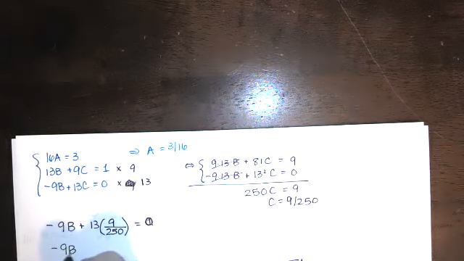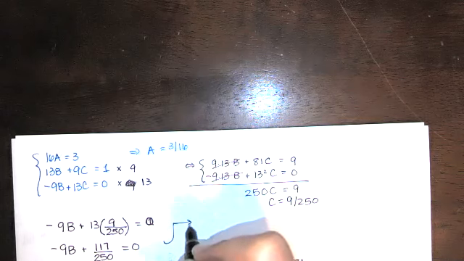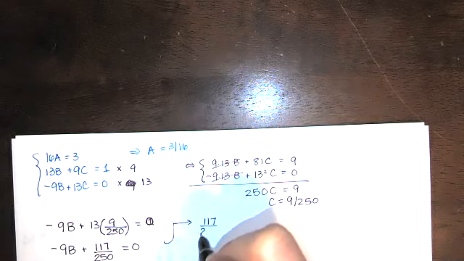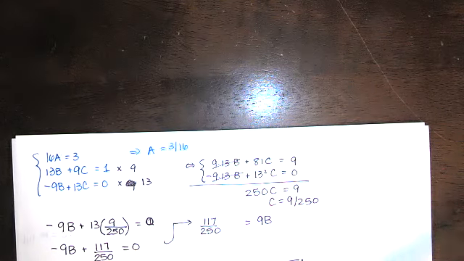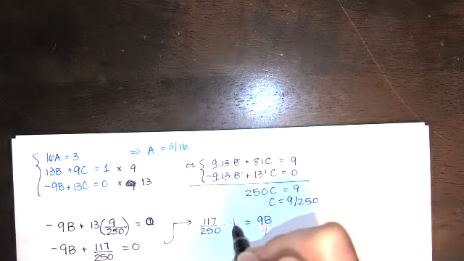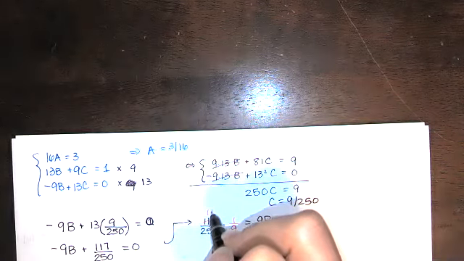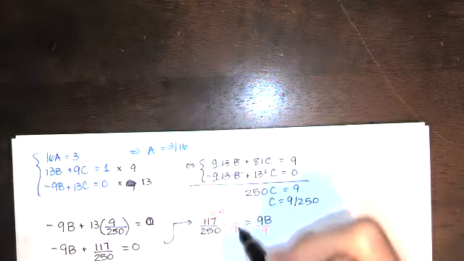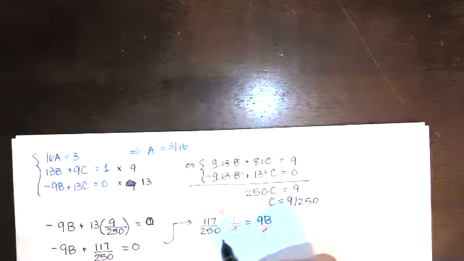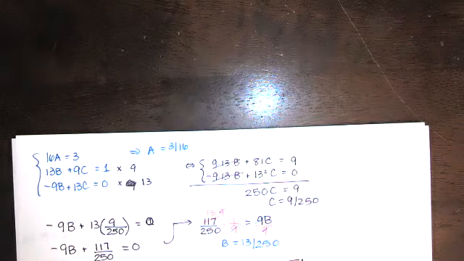So this is negative 9b plus 117 over 250 equals 0, so that equals 9b. And if you want to get b by itself, you need to divide by 9 or multiply by 1/9, same thing. Well, I guess that 117 was 13 times 9. So the 9s will reduce and we'll just get b equals 13 over 250.